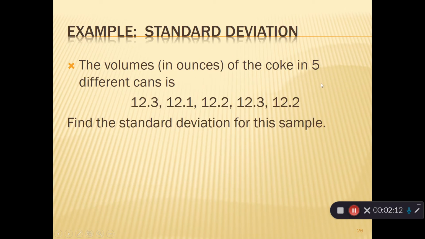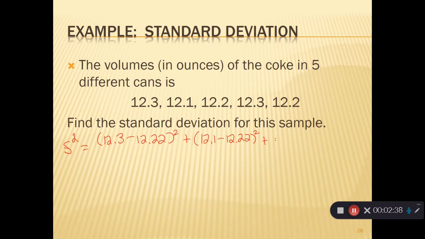Let's do our standard deviation for the soda cans we just found. So, to get the standard deviation, I'm first going to get the variance, s squared. So what I do is I take 12.3 and subtract the mean of 12.22, and then I'm going to square it. 12.1, subtract the mean, and square it.